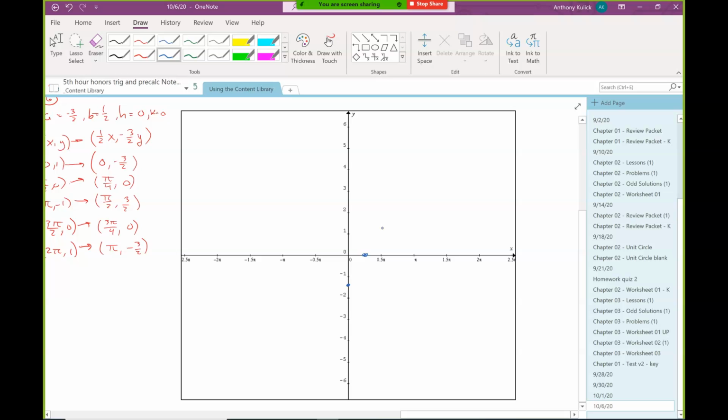Like a quarter is in between 0 and a half, midway between. You agree with that? Okay, and then we have pi over 2 and 3 over 2, and then 3 pi over 4, which would be halfway between a half and 1. And then pi and negative 3 over 2. Come in. And then we just extend this out in both directions, following the pattern.